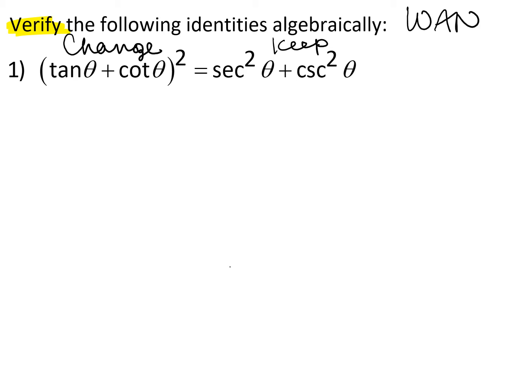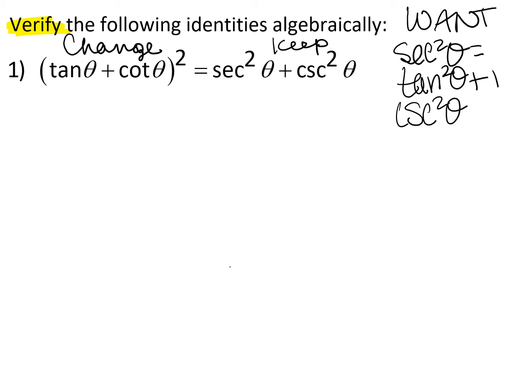So in this one, I know that I want a secant squared, and there is an identity that says 1 plus tangent squared theta equals secant squared theta. Nope, I got that one wrong: tangent squared theta plus 1. And there's another one for cosecant, and that one is equal to 1 plus cotangent squared theta.